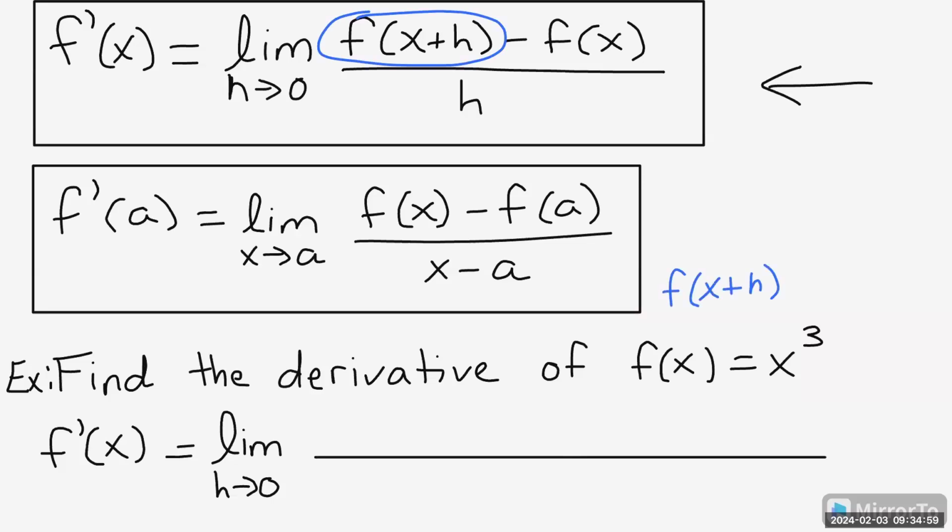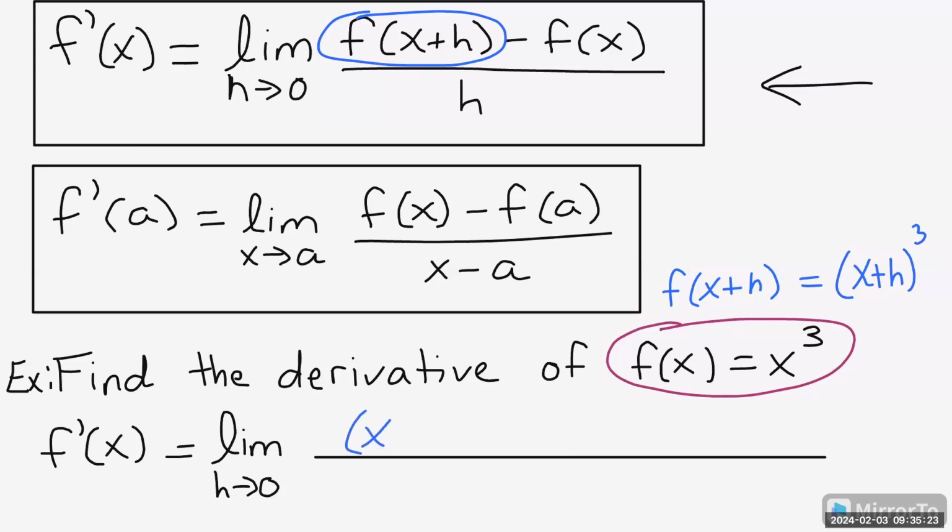So if my f of x is x cubed, then my f of x plus h will be, in place of the x, I put x plus h. So I'll have x plus h quantity cubed, and then minus my f of x, which again was x cubed. And then this is all over h.